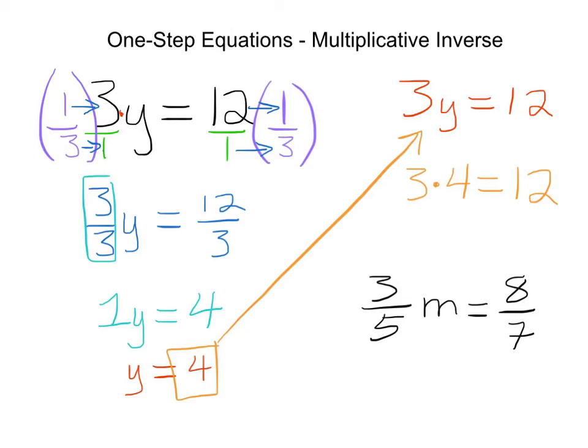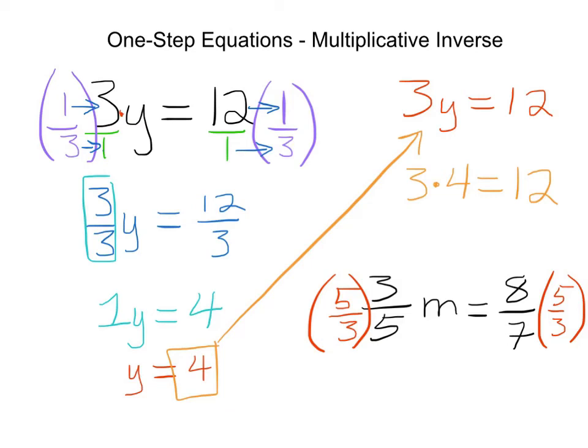Okay? Here we go. Remember that the idea of multiplicative inverse is to multiply both sides of the equation by the reciprocal of the coefficient. Okay? The inverse of 3/5 is 5/3, and we're going to multiply by that inverse. So both sides of our equation we're going to multiply by 5/3.